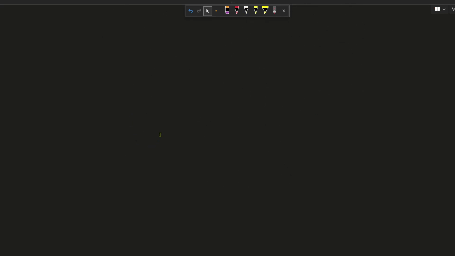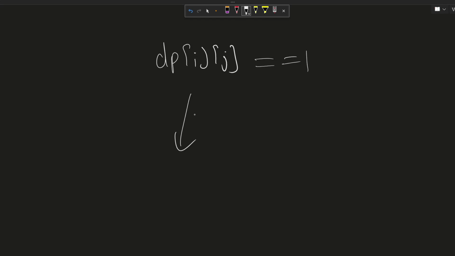Now coming to defining the transitions, say we have calculated dp of i comma j, that is for the first i cards, a sum of j is possible, say, right? From here we need to calculate for the i plus 1 card, right? It can either be facing upwards or downwards, right?